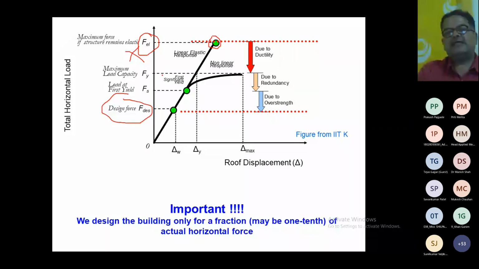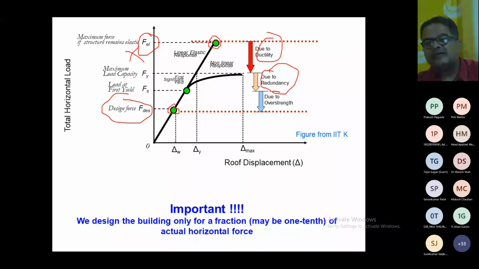If this is 100 kilonewton, we are designing for maybe 15 or 20 kilonewton, with no factor of safety applied. We design for maybe 20% or 25% force, depending. This is the design load, and we choose it because we rely highly on ductility, redundancy, and overstrength.